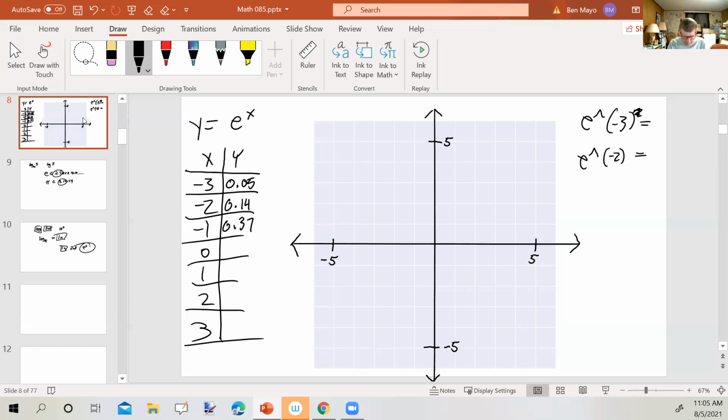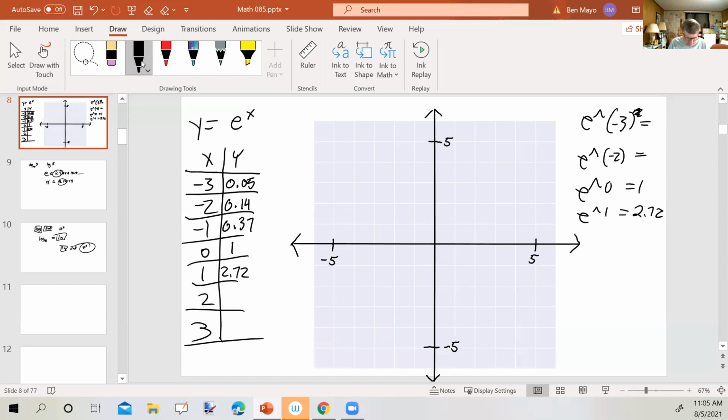E to the 0 power, of course, is 1, right? E to the 1 power is 2.718, so 2.72 if we round. Okay, so this is 1, this is 2.72.